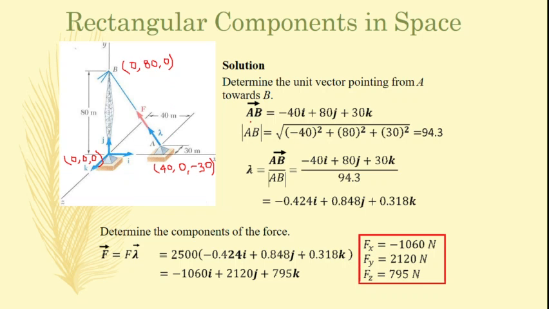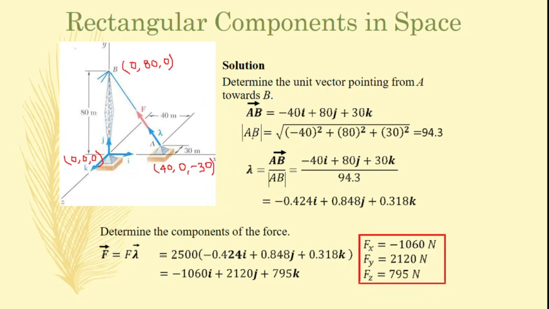So for vector AB we write x2 minus x1, that is minus 40 i, plus y2, that is 80, minus y1, that is 0, so plus 80j, plus z2 minus z1 k. Here z2 is 0 and z1 is minus 30, so z2 minus z1 becomes positive 30k.